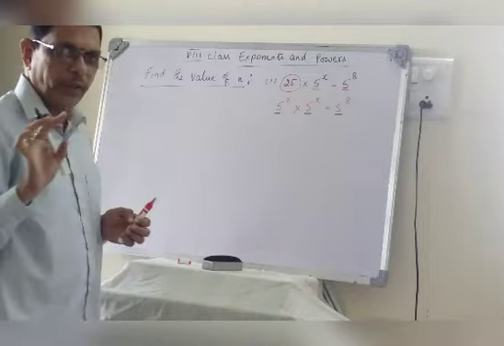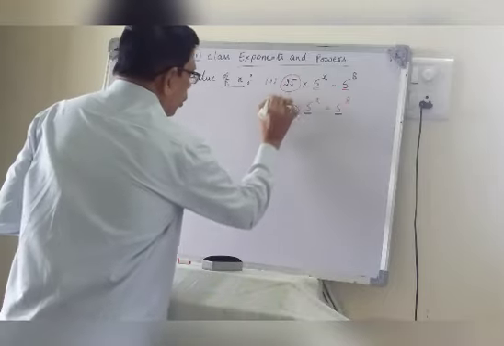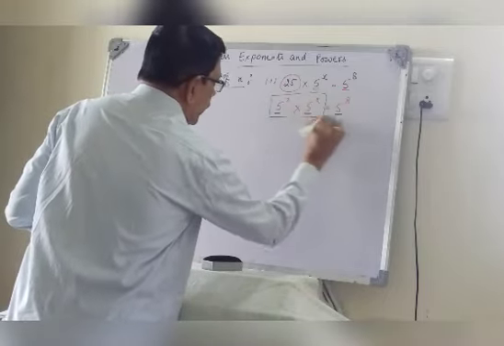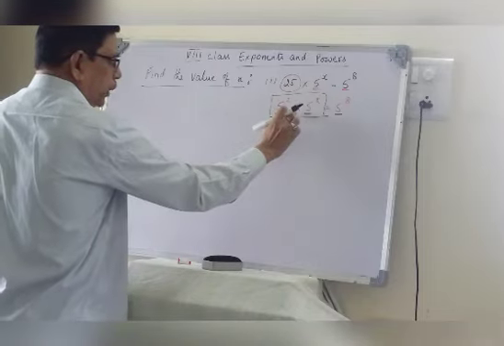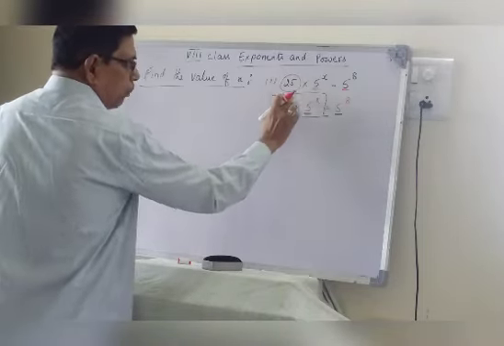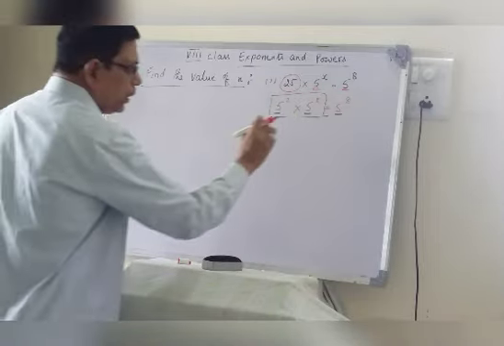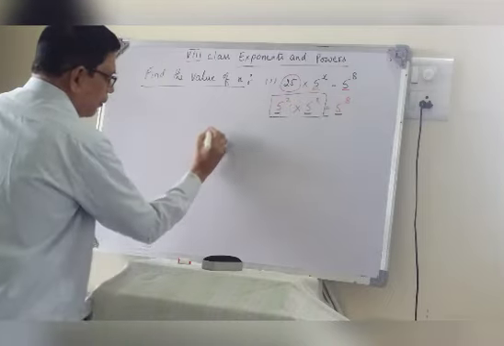So after making the bases equal, what we have to do? We have to apply the formula. Now here 5 to the power of 2 into 5 to the power of x. So when we have different powers with the same bases, अगर product है तो क्या करना? We have to add up the powers.